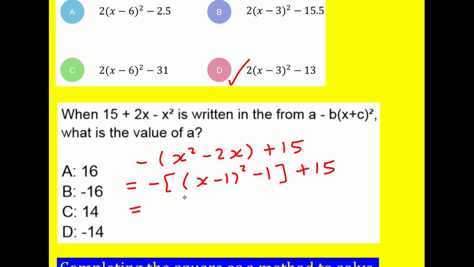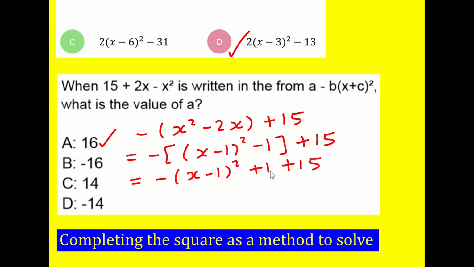Again, this might be where you became unstuck, because you've got to be really careful with the double negatives. So we're going to get a plus 1 and a plus 15. So it's going to be plus 16. It's only asked us the value of A, so it's going to be A is 16. Be careful, it's not 14.